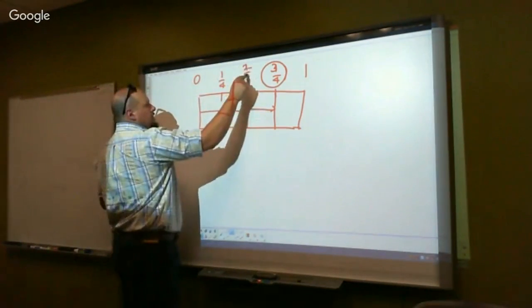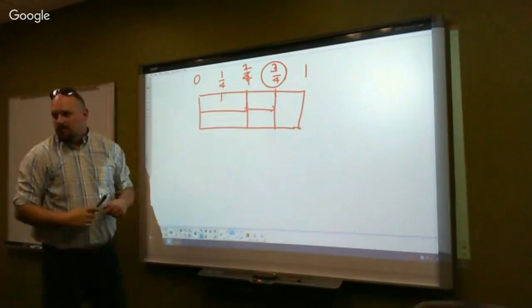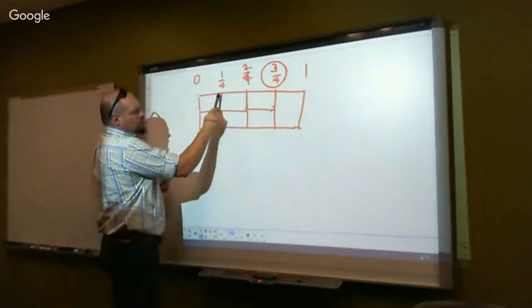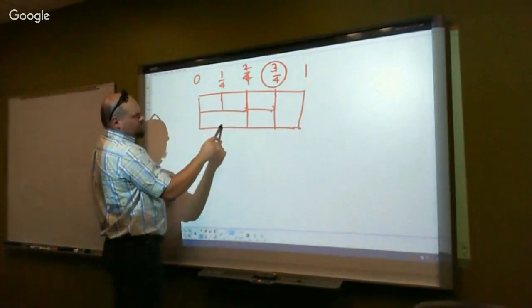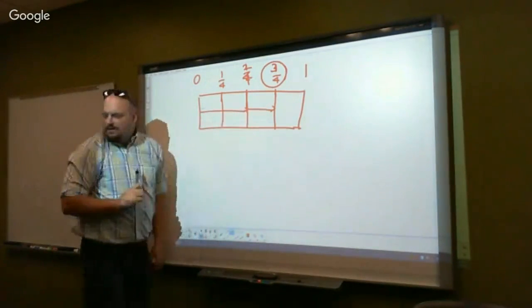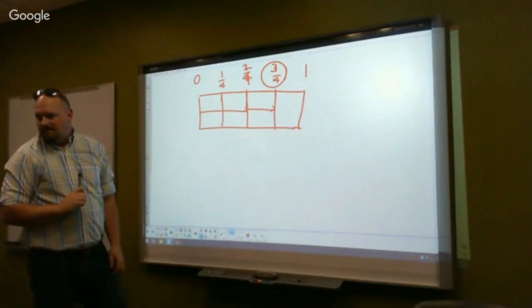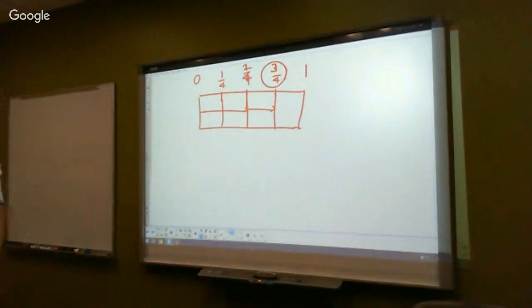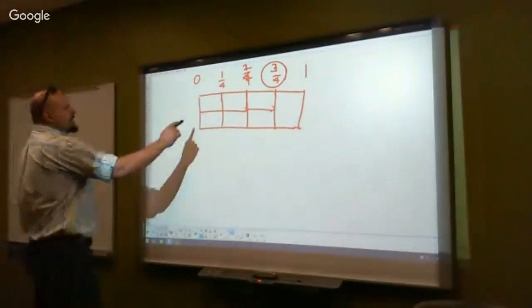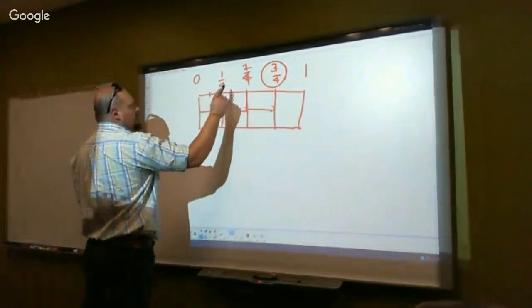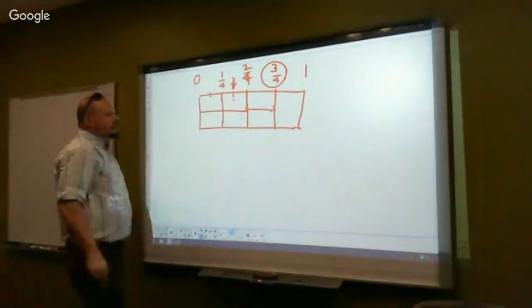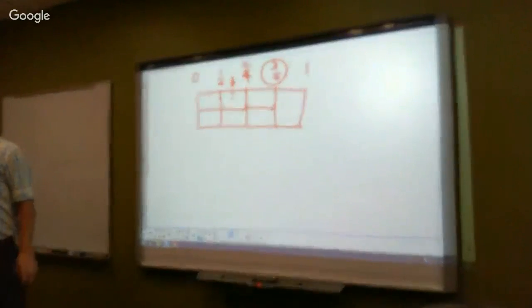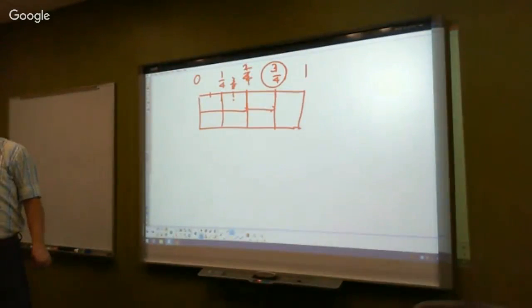We'll make it 2/4, so 1/4 plus 2/4. Here's our 1/4 plus our 2/4 is what? 3/4. It's not 3/8. 3/8 would be right here. This here is 3/8. That makes no sense. Yeah, that'd be going backwards.